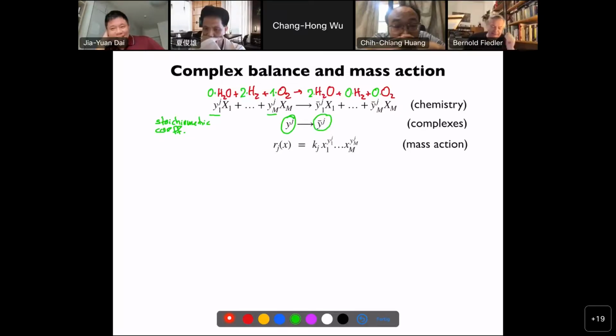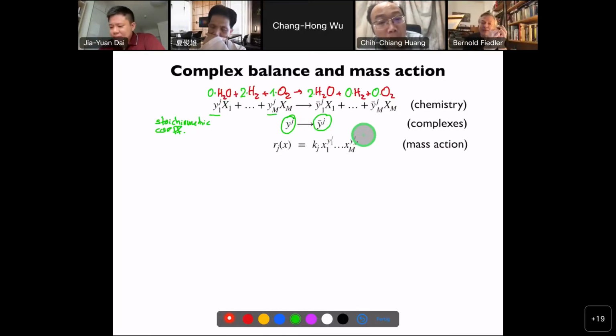And then there's something that is called mass action kinetics here. Mass action kinetics tells you how likely it is, if such molecules meet and dance around each other, for them to form a complex, that is to get close and react and form the product on the right side.